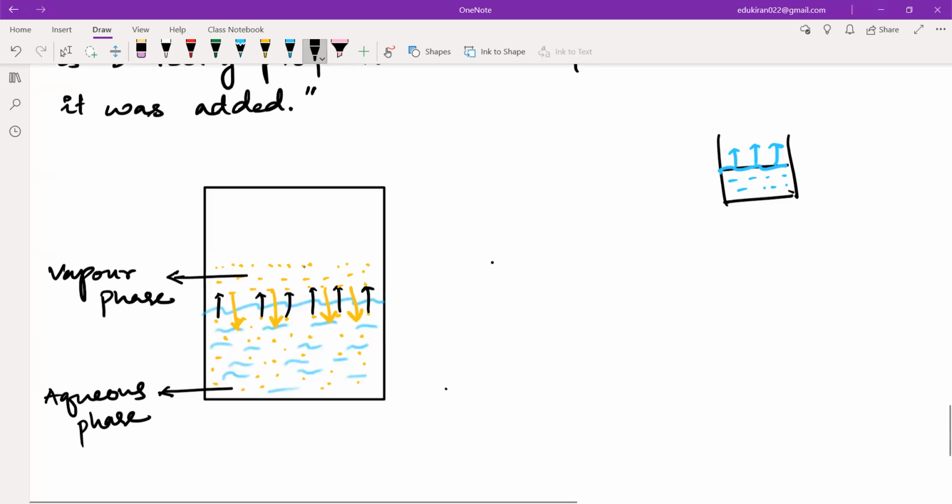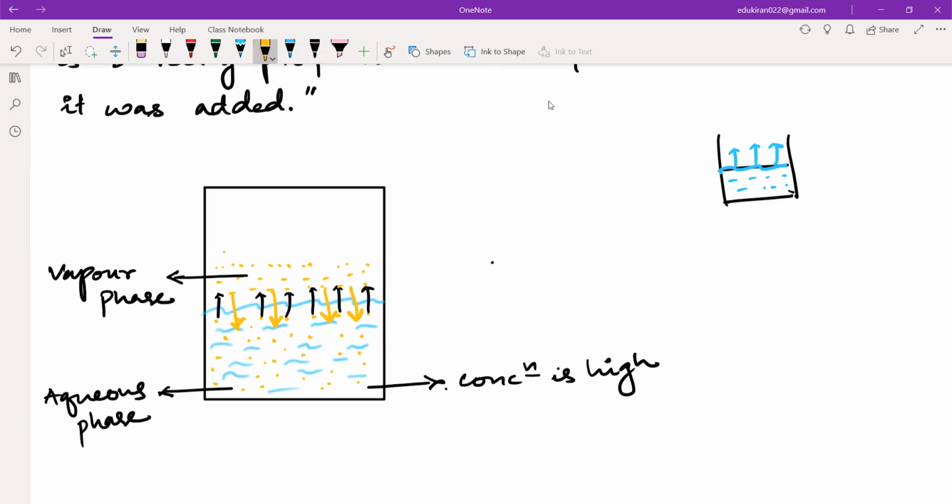Now if I say that the concentration of the solute particles is high in the aqueous phase, that means more and more solute particles will be escaping out in the vapor phase.